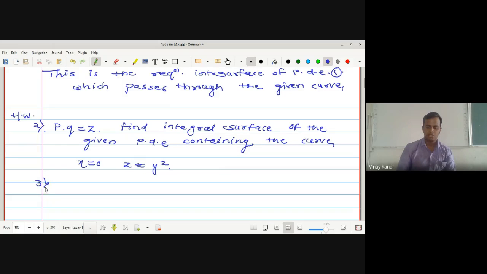Okay, and one more equation there. Z is equal to p square minus q square, and the curve given is 4z plus x square is equal to 0, y is equal to 0.